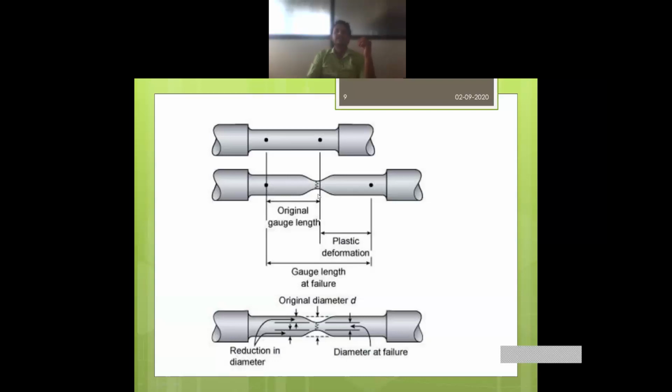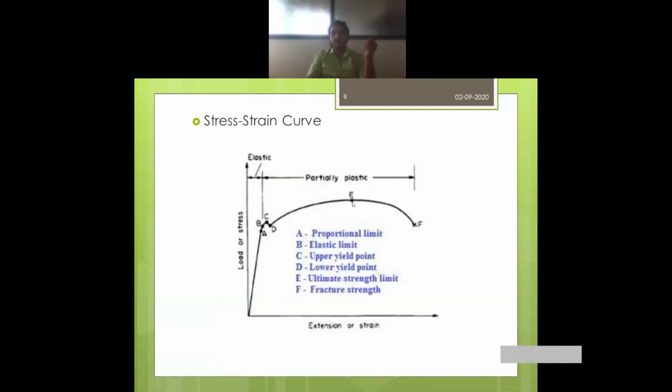At this neck, if we further increase the load, necking will get elongated. The load carrying capacity is decreasing, but strain is increasing, and there will be some point where your member will fail, that is, it will get cut, completely cut. That failure may be a brittle failure or cup and cone failure, that we shall come to later.